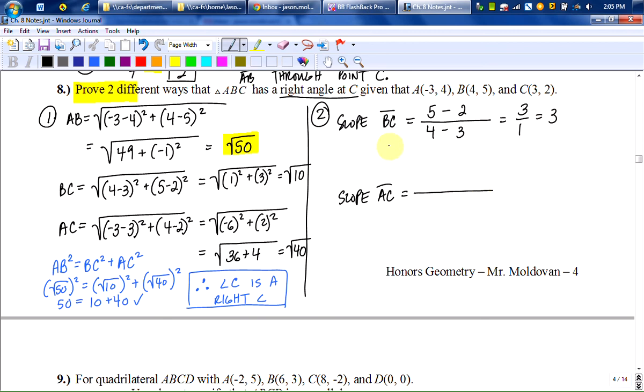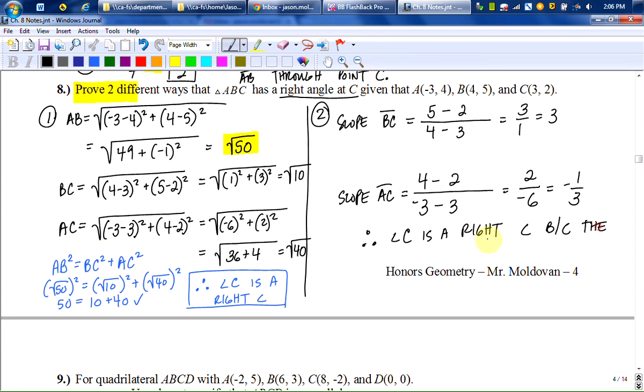And the reason I'm doing BC and AC is because they meet at point C, which is supposedly the right angle. And that's what I wanted. Those are negative reciprocals of one another, so therefore angle C is a right angle because the slopes are negative reciprocals of one another.